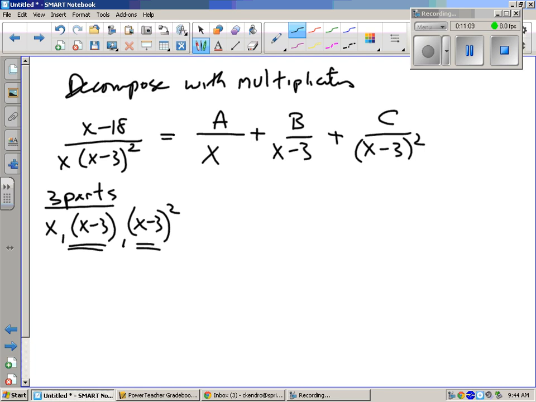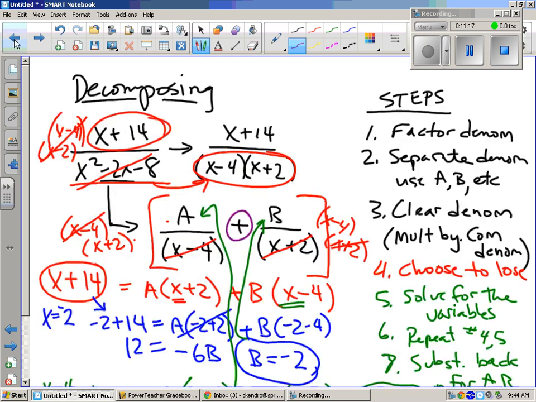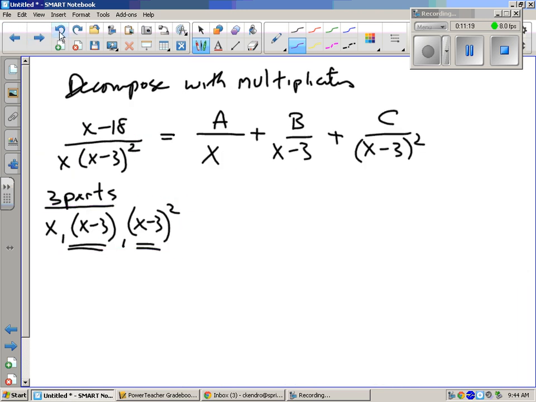So I need to multiply each part by these three parts. I'm sorry, back up. Whoops, not like that. Back up here. This is your common denominator. Don't go by the three parts. This is not your common denominator. It's the original parentheses. So you got to ask yourself pretty much what's missing in my denominator.